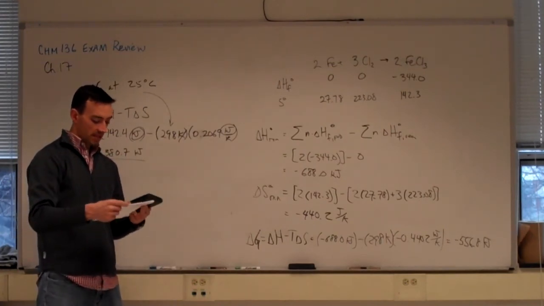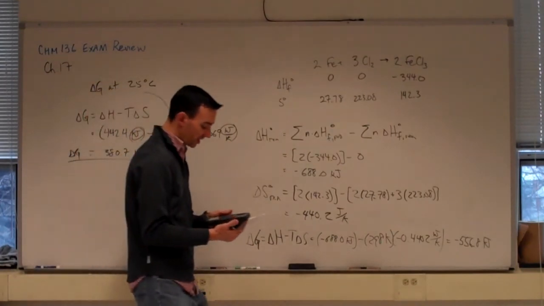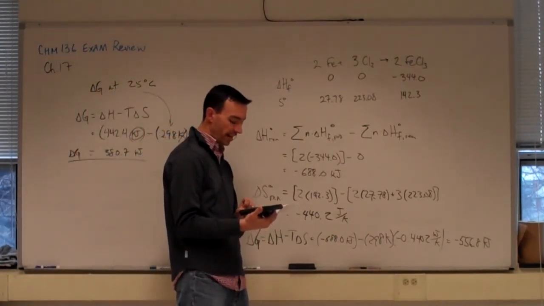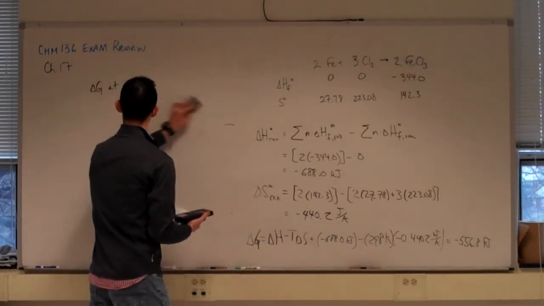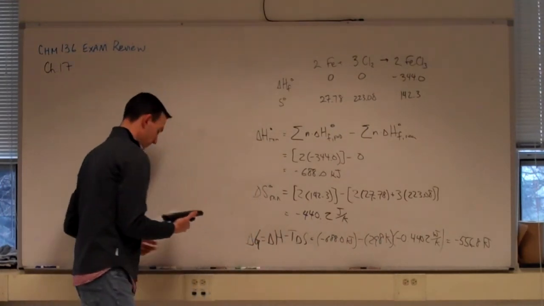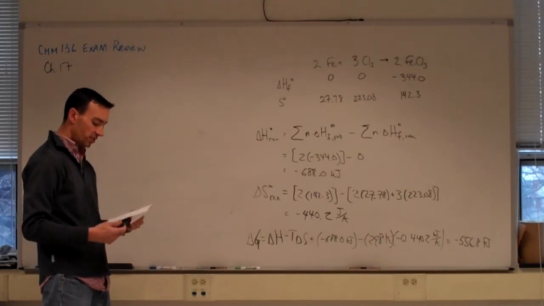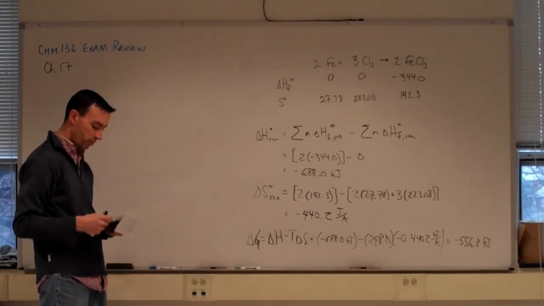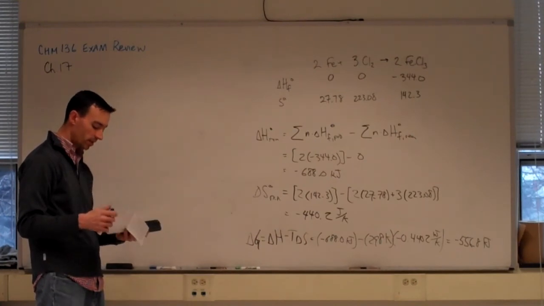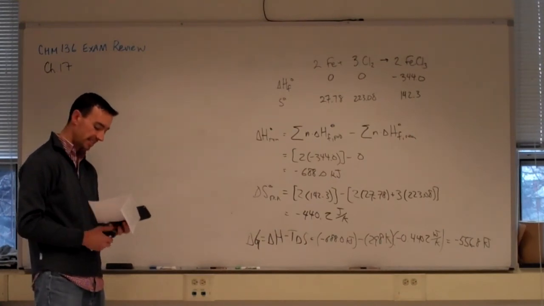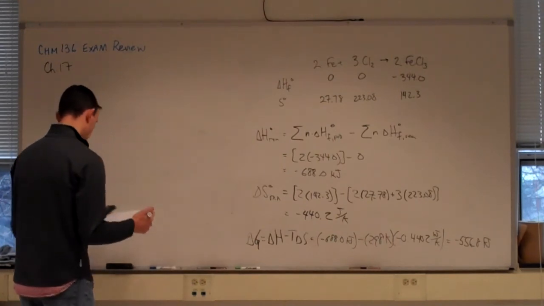Okay. Just 2 questions left. Now these are going to relate to free energy and equilibrium, the connection between those 2 concepts. The standard free energy change is negative 18.3 kilojoules per mole. What is the equilibrium constant at 87 degrees Celsius?